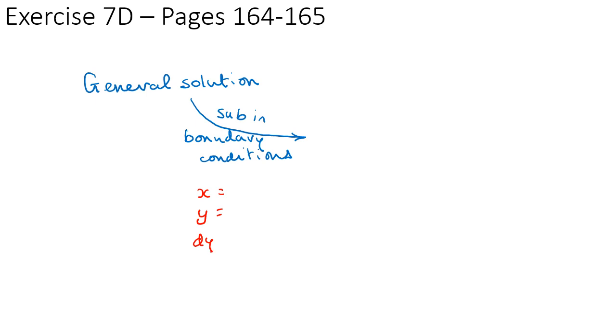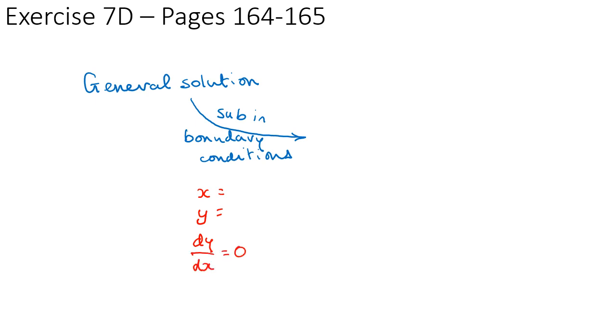When we've got our general solution, we substitute in our boundary conditions, and these are normally things like x equals something, y equals something, or it could be t, and dy/dx equals something. So you're told something like this.